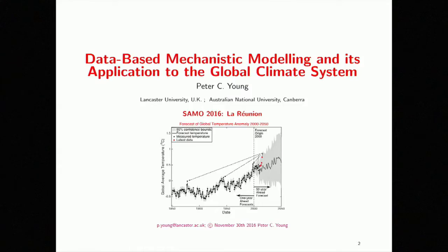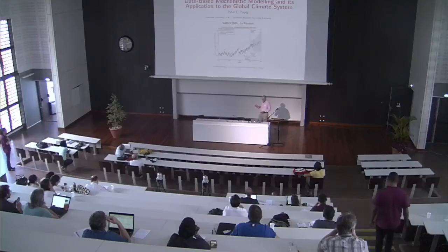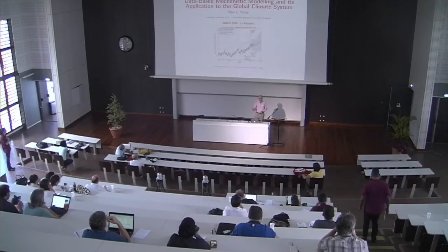But you'll see why. Now, I'm going to talk about an approach to modelling called data-based mechanistic modelling, and I'm going to apply it to a climate example, and in particular to the forecasting of global atmospheric temperature.